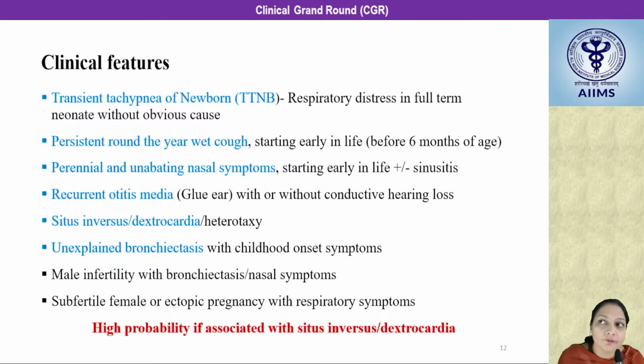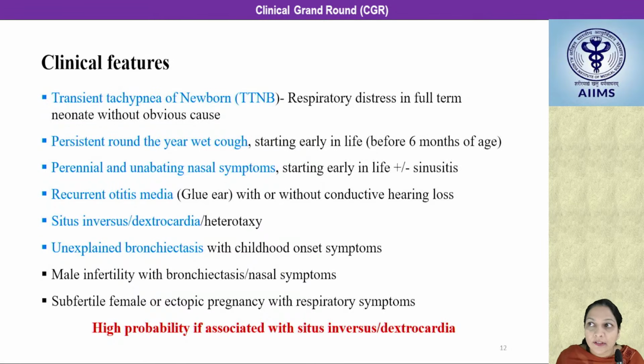The typical clinical features in a newborn: they can present as transient tachypnea of newborn, which is respiratory distress in a full-term baby without any obvious cause, which starts generally within 12 to 24 hours after birth and resolves in 4 to 5 days. Therefore, diagnosis at this time point is difficult unless there is situs inversus and someone suspects it.